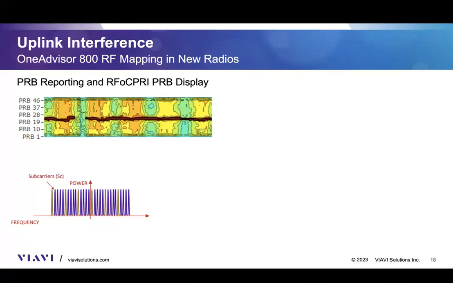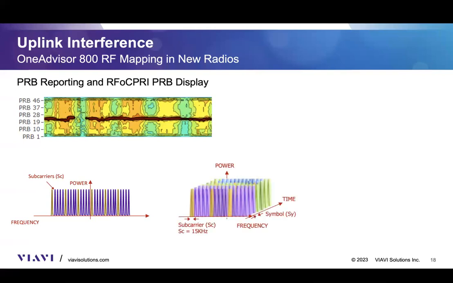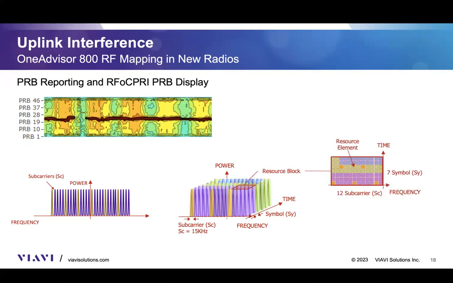Actually, it has multiple subcarriers, as I mentioned before. Now, if we put the time axis on it, we see all my subcarriers and all my symbols. And as it happens, according to the standard, a resource block or physical resource block is this matrix of 12 subcarriers by 7 symbols.